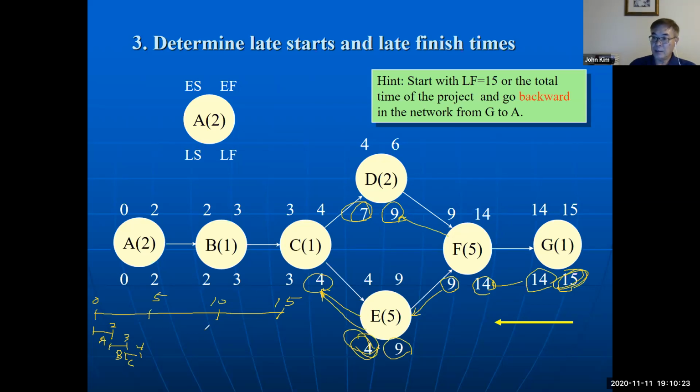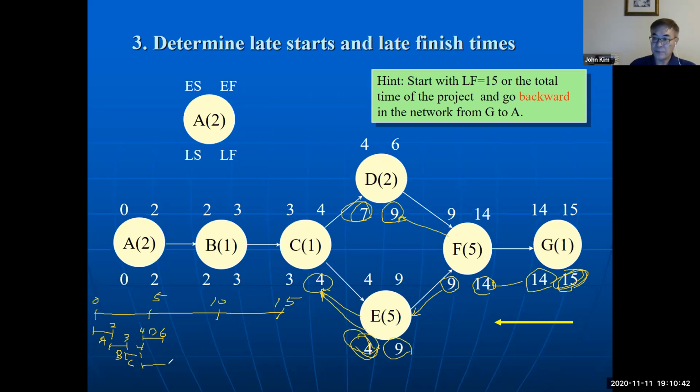And D and E start at 4, and then D finishes at 6, which is 4 plus 2. This is D.